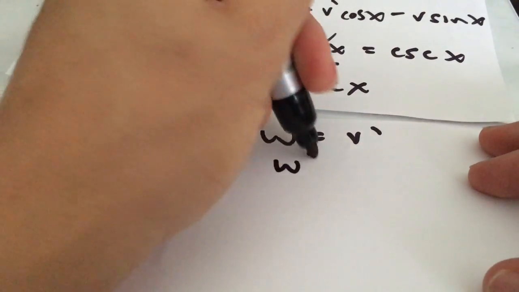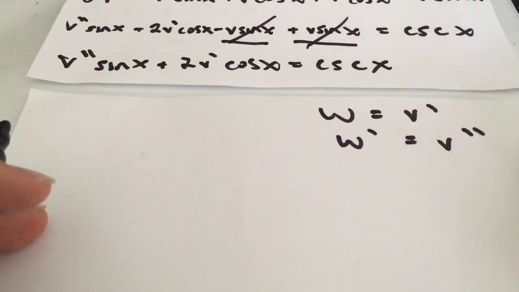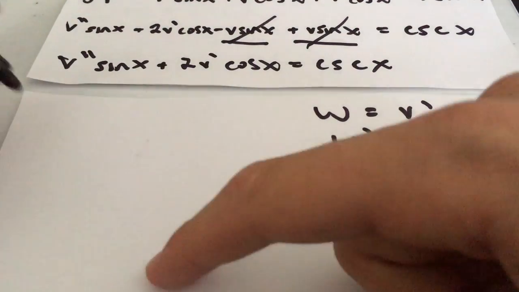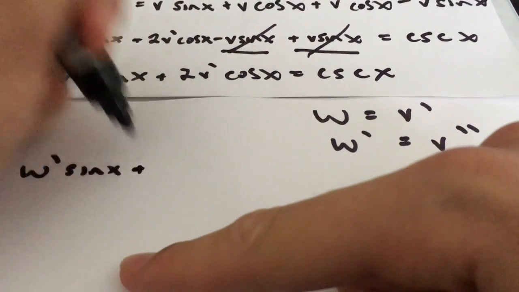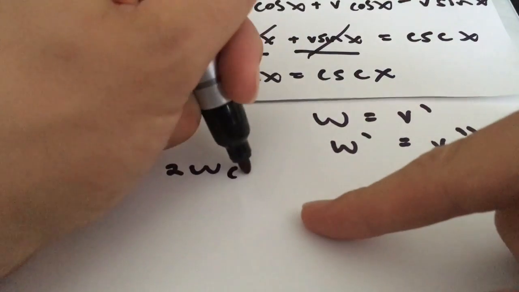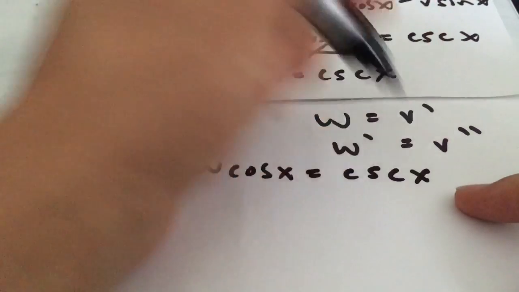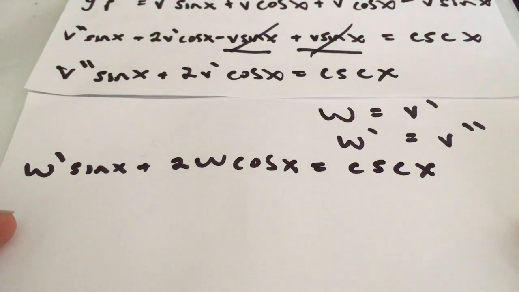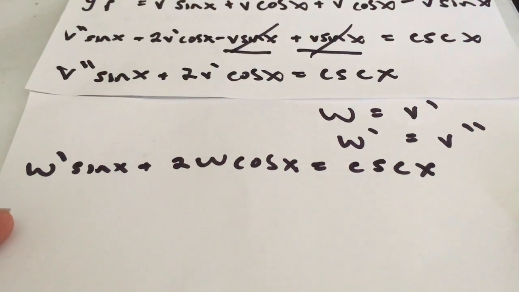And w prime is going to equal v double prime. So what we can do with this now is say w prime sine of x plus 2w cosine of x is equal to cosecant x.